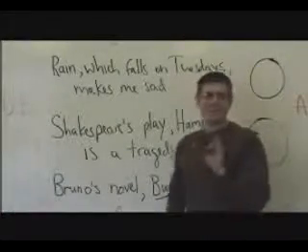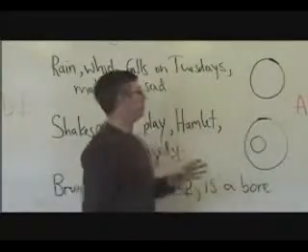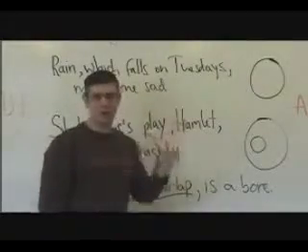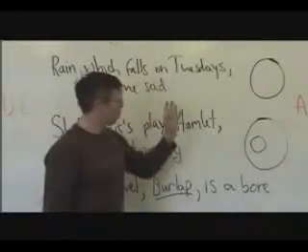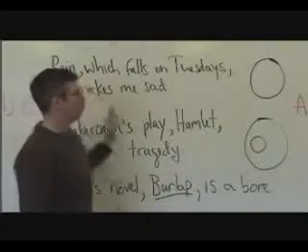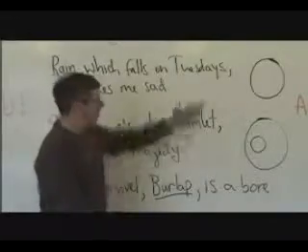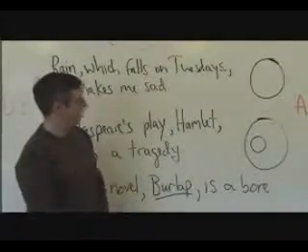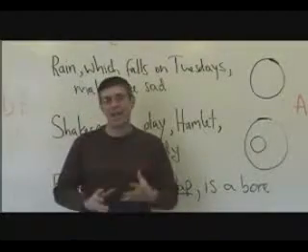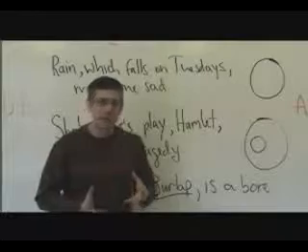Well, one way that I've already suggested using would be to have a kind of mental Venn diagram of this situation. If we take, first of all, the set rain, and if that represents all things that are included in the set rain, what about the set rain which falls on Tuesdays? What does that look like?